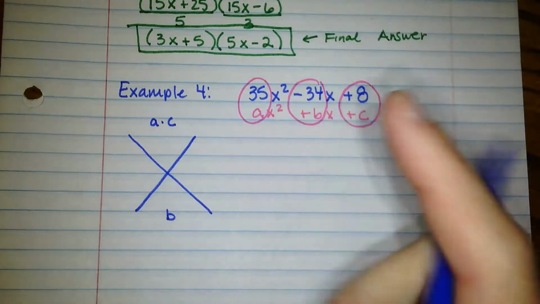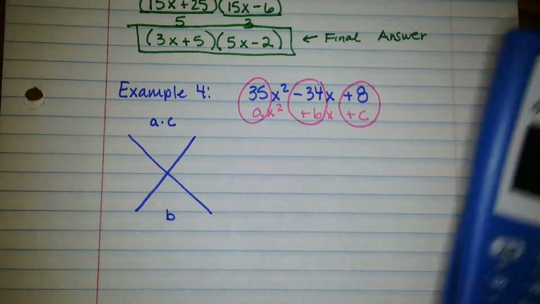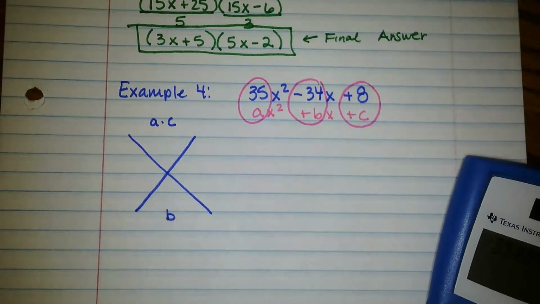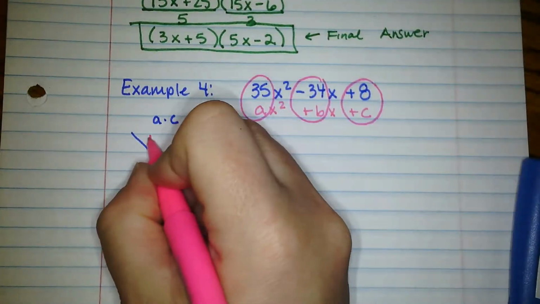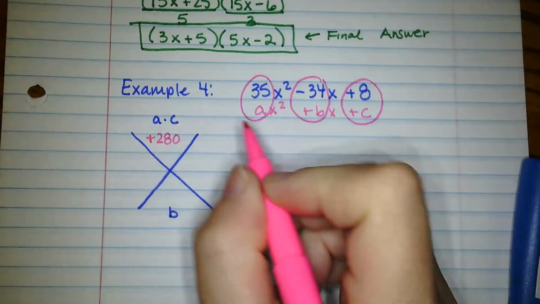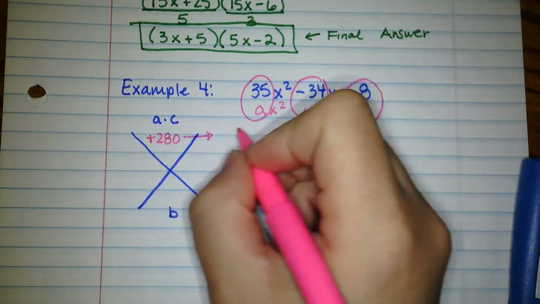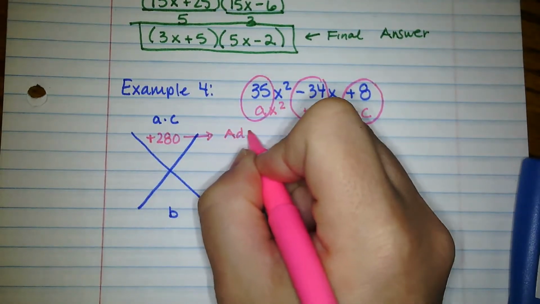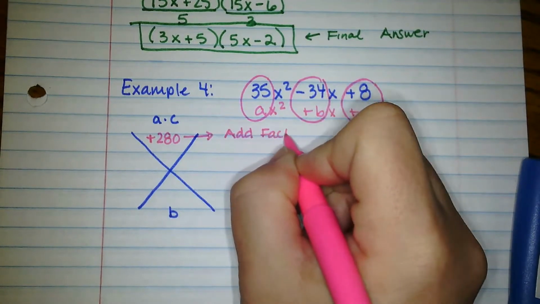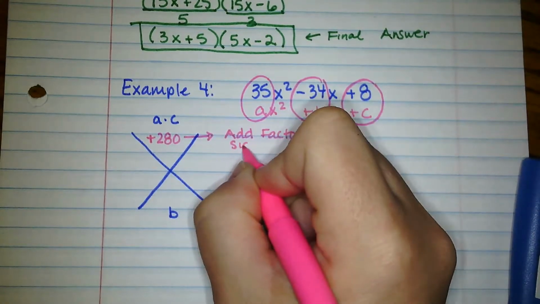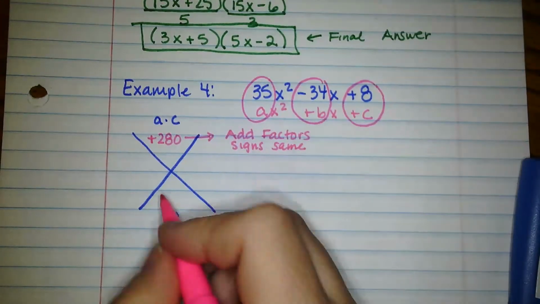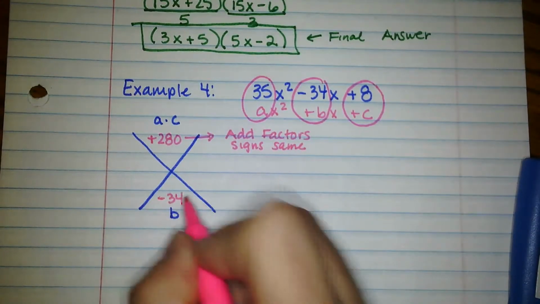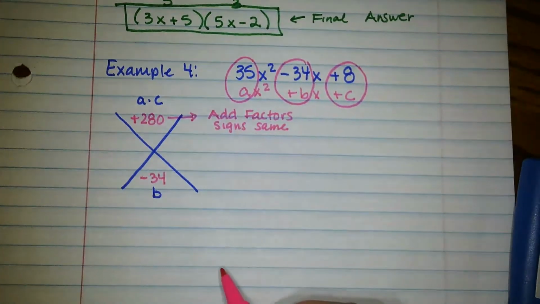A times C is 35 times 8, so I'm going to do that here. 35 times 8 is 280, and this is positive, so that tells us a little bit about our factors. Because it's positive, that means that we're going to add our factors together and that our signs are the same. And our bottom B is negative 34, so that means they're both going to be negative when we do this.